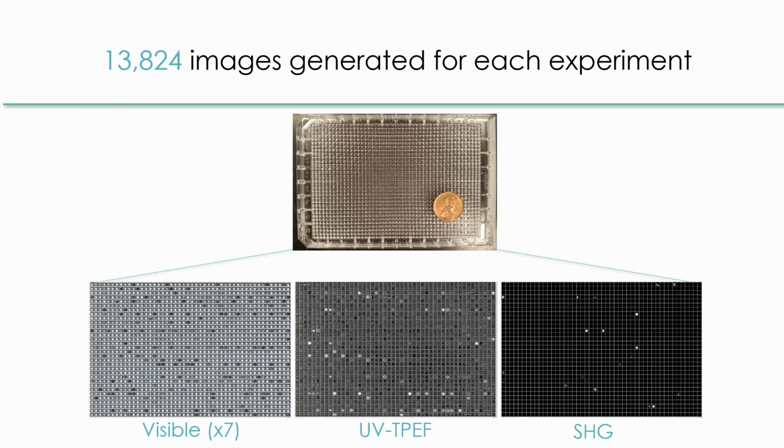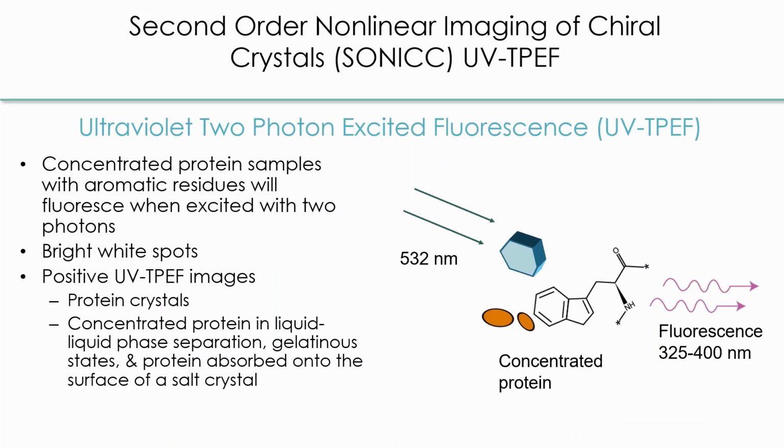And so that's a lot of different images to actually go through. You'll hear a little bit about how we use the different methods here to really pull out the things that are generating crystals. So just really briefly, what does Sonic get you?